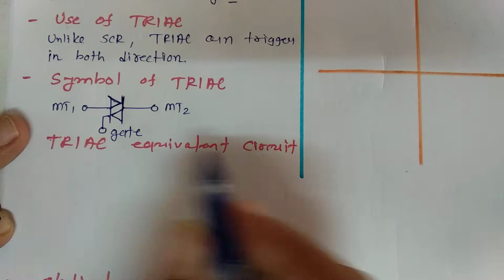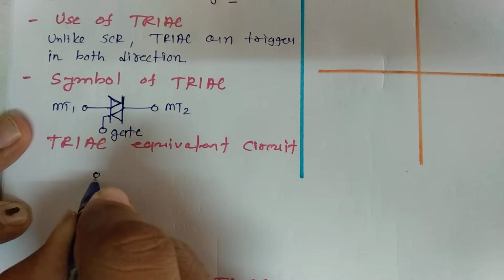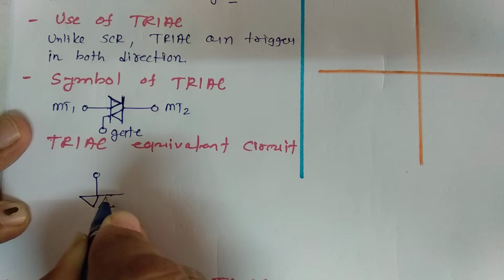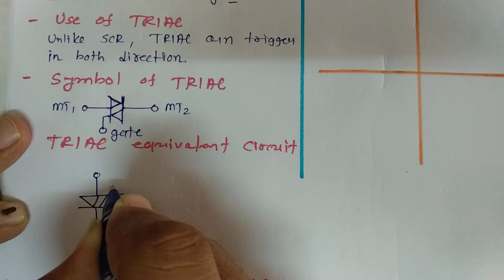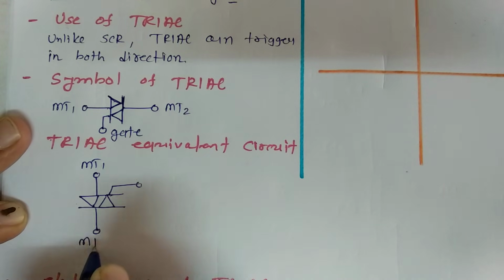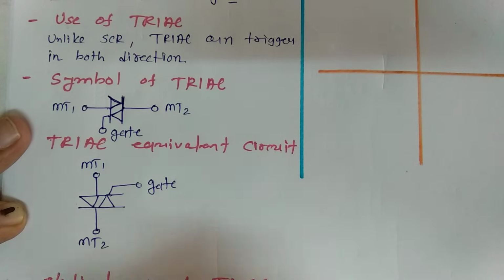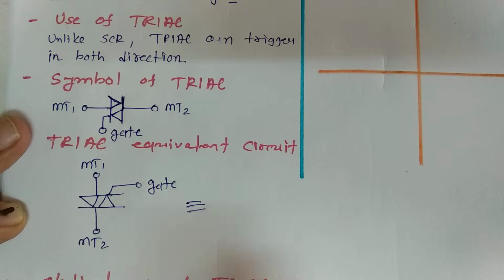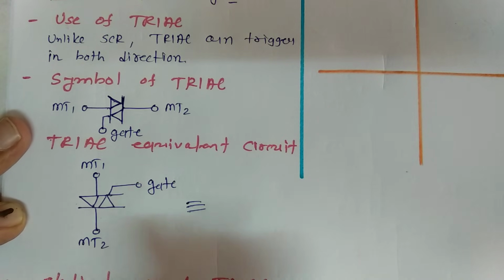Let us try to understand this triac by its equivalent circuit. This is the triac which I have right now, with MT1, MT2 and the gate terminal. Its equivalent circuit is two back-to-back SCRs.